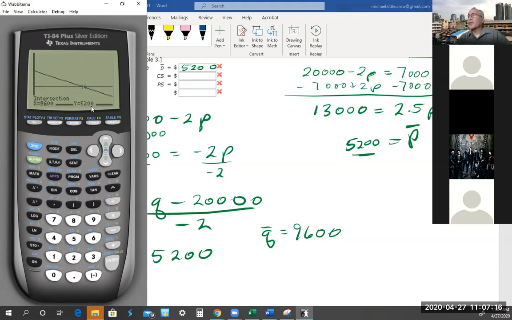Y is 5,200, but we knew that from our work before, so we were able to find that out by hand. So now is the time we go back and graph the subtraction of Y1 minus Y2, because we're finding the area between the two curves. I turn off the other ones just so they don't distract us.